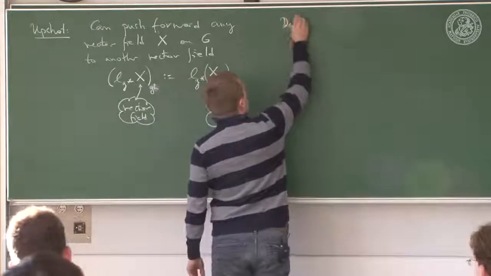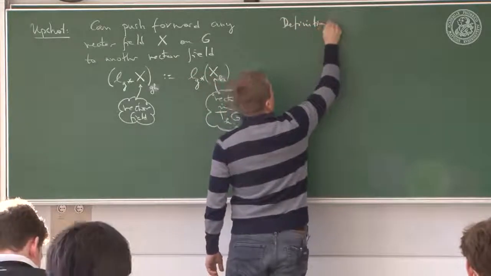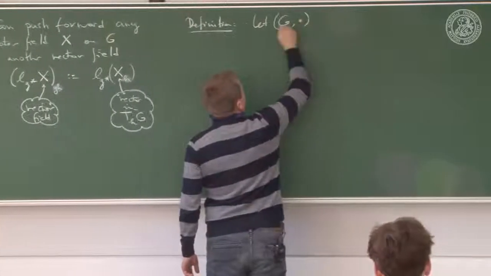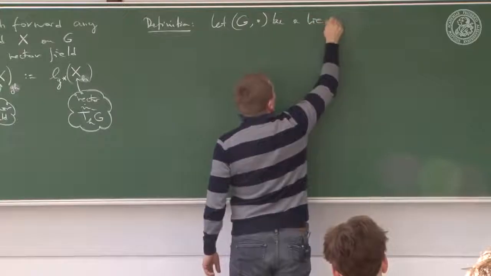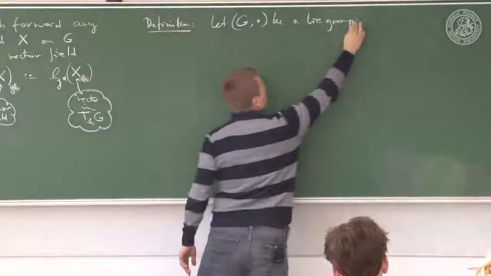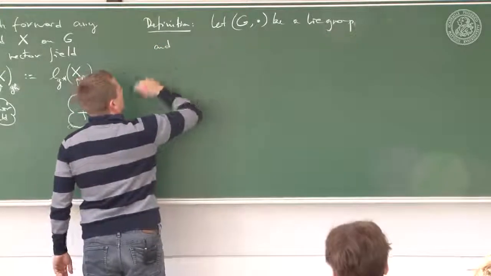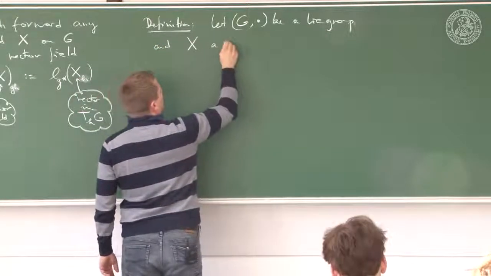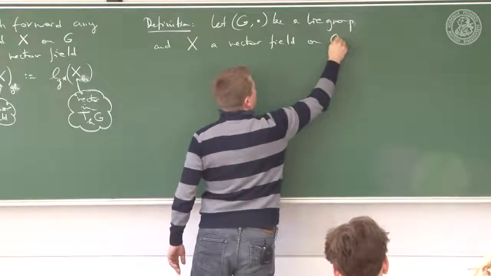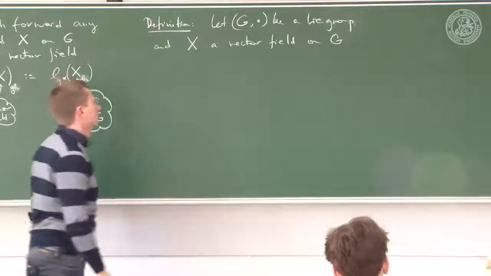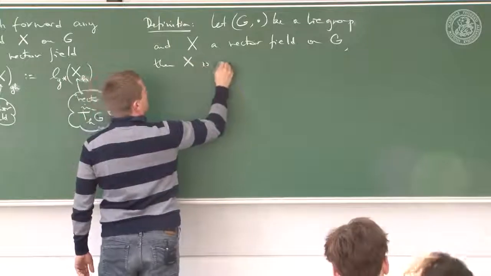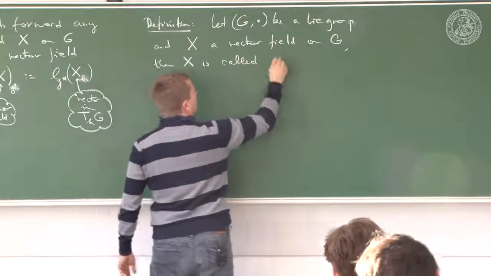So, definition. Let G be a Lie group, and X a vector field on G, then X is called left invariant.